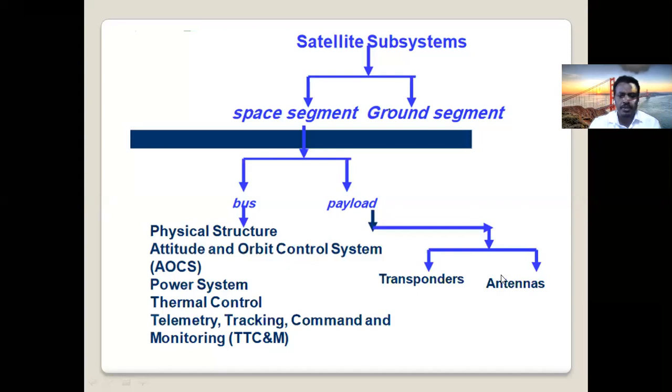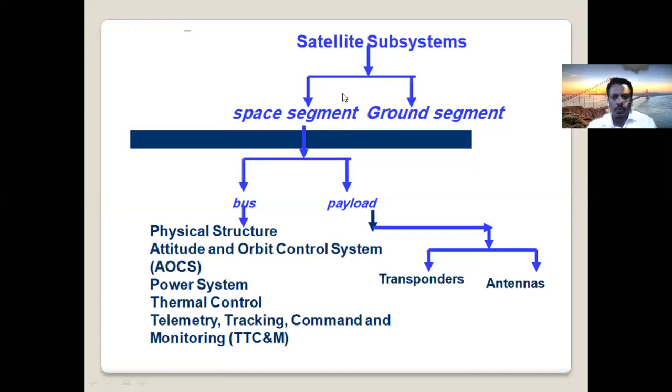So the first subsystem is what we call the space segment subsystem. Okay. So as you can see here, the satellite subsystem is divided into two: space segment subsystem and ground segment.